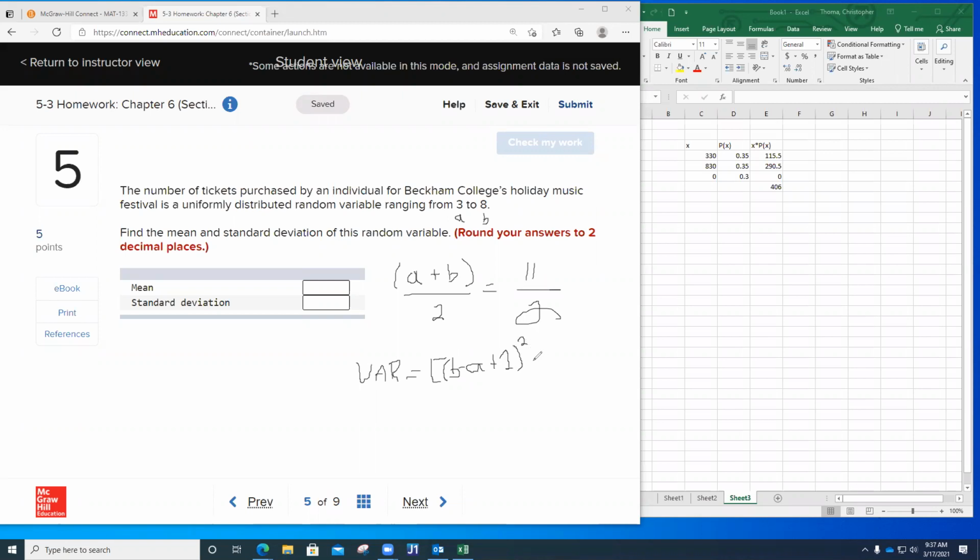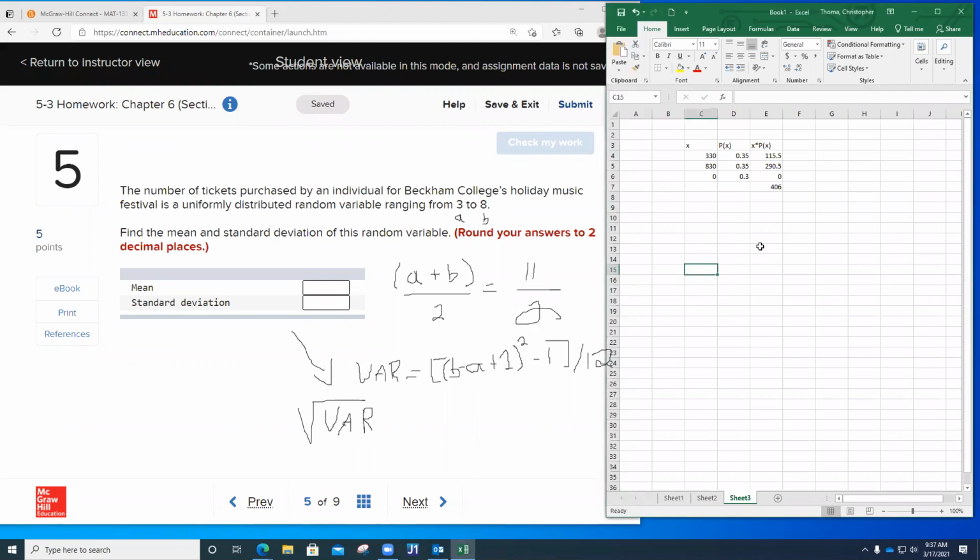And then you're going to subtract 1, close the bracket, divide by 12. And then to find standard deviation, we take the square root of the variance. So just so you can see my calculations, I am going to use Excel.